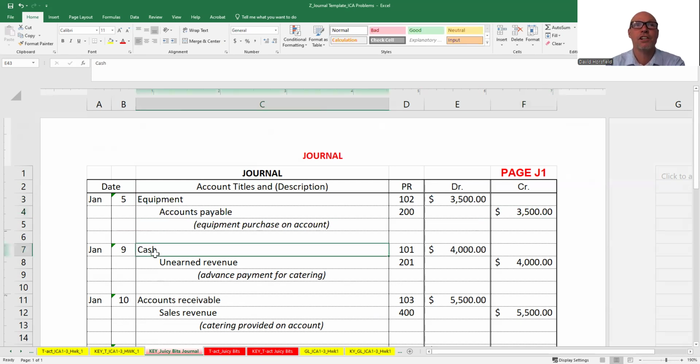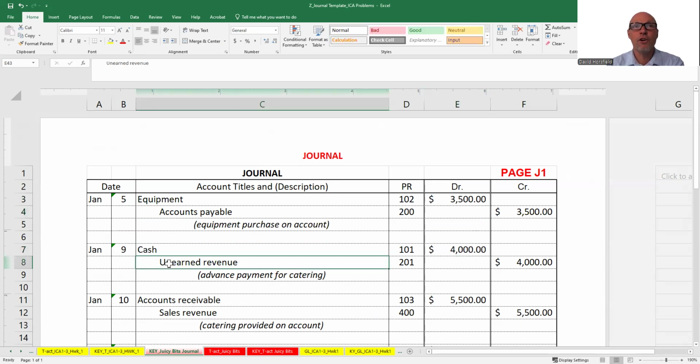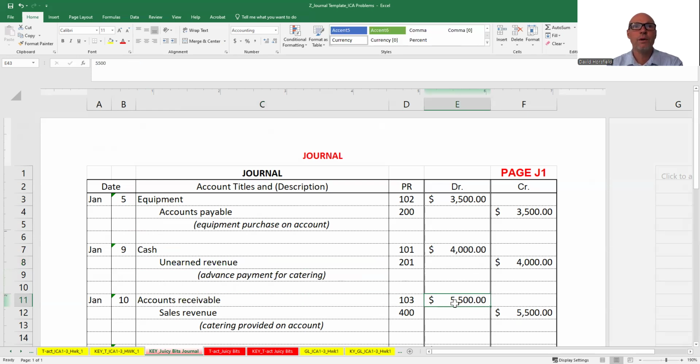We would then go to cash, dated January 9, and we would debit $4,000. Next transaction, we go to the unearned revenue T account, dated January 9, and we would credit $4,000. Done and done. Go to the next one and so forth. For January 10, we'd find the accounts receivable T account, date it January 10, and put a $5,500 value, and then that entry from the journal would be made into that particular T account.